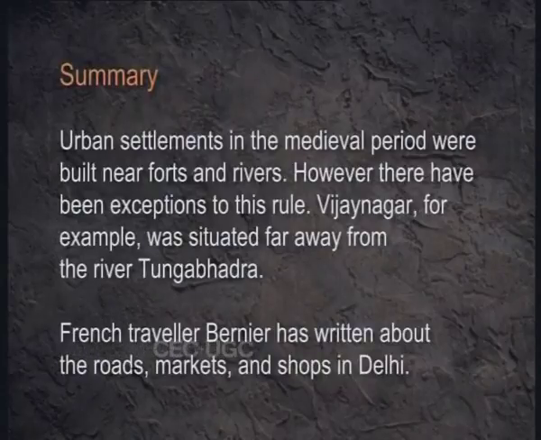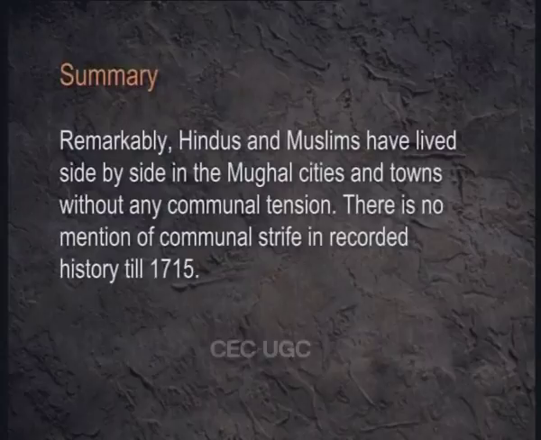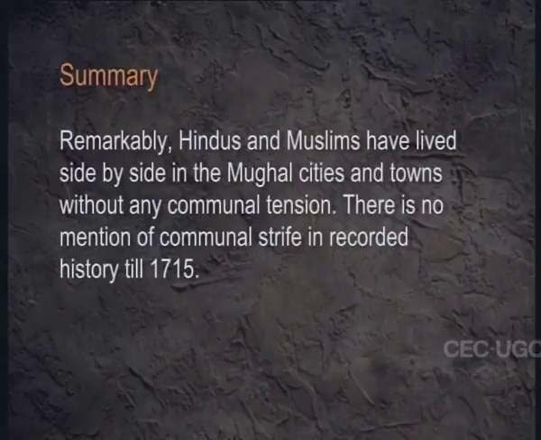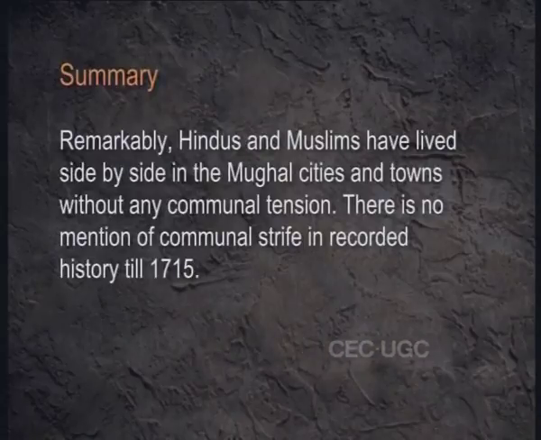French traveller Bernier has written about the roads, markets and shops in Delhi. Remarkably, Hindus and Muslims have lived side by side in the Mughal cities and towns without any communal tension. There is no mention of communal strife in recorded history till 1715.